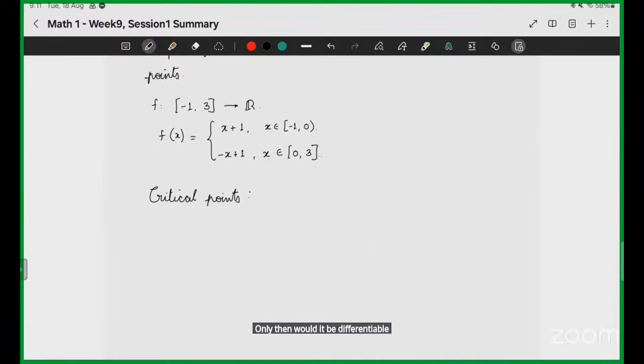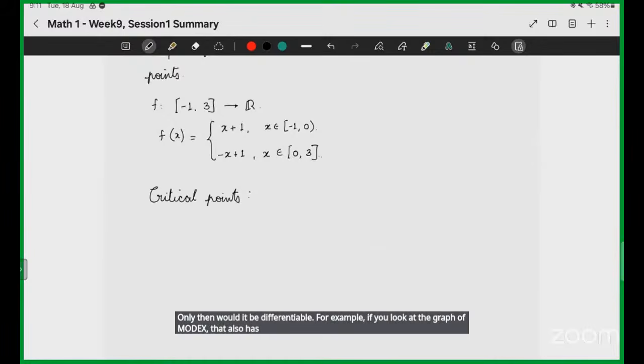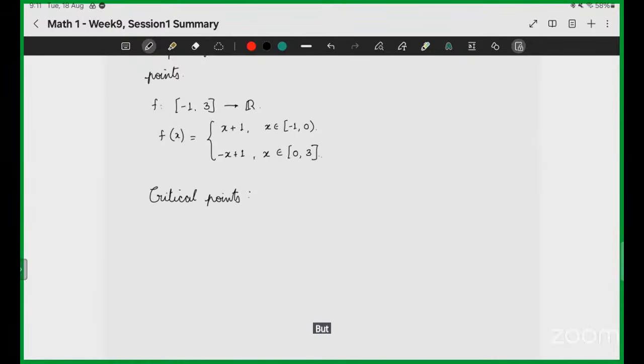For example, if you look at the graph of mod x, that also has linear functions on both sides of 0. But then the point where they join, it becomes a sharp point. So it is not sufficient to say these are linear functions, so it is differentiable.